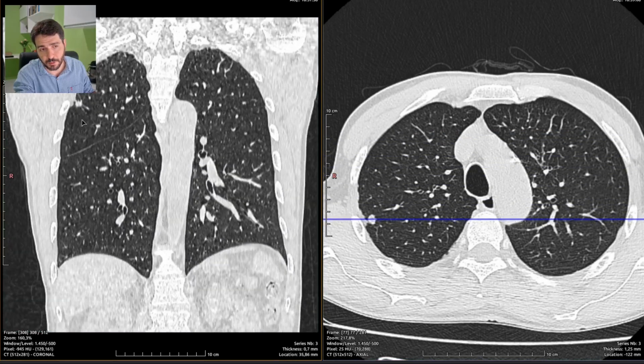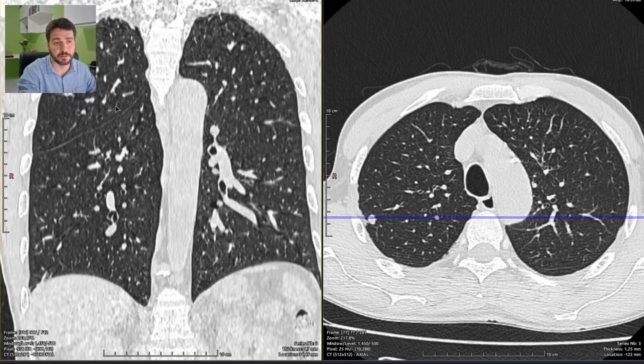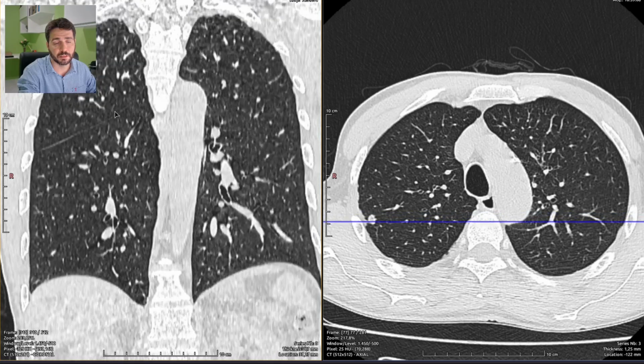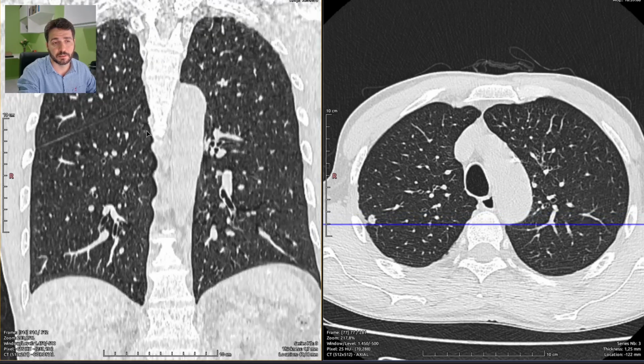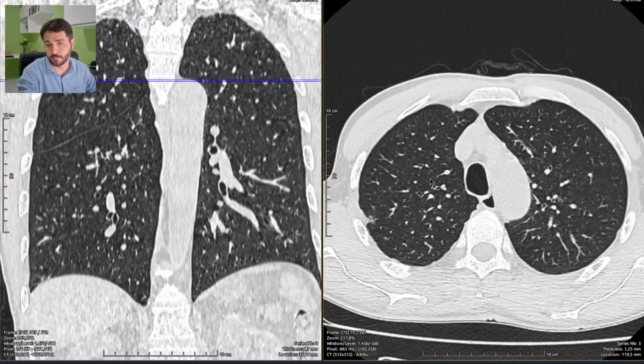It's round and on the coronal plane it even looks like it's spiculated. So this clearly is a sign of something else that should be closely watched.